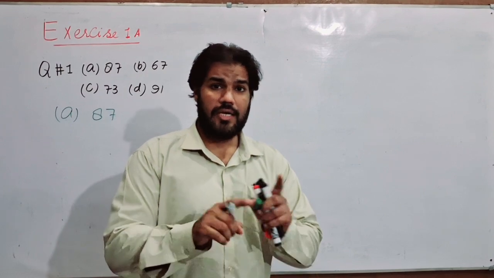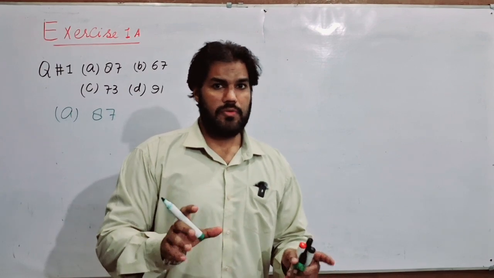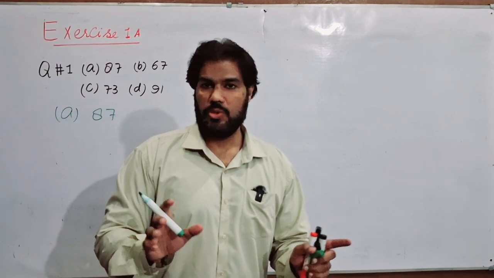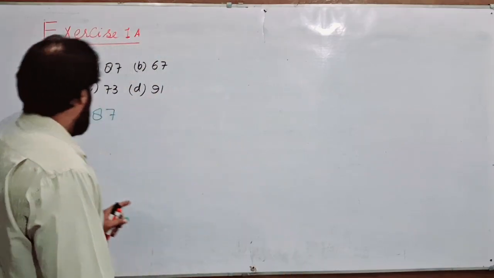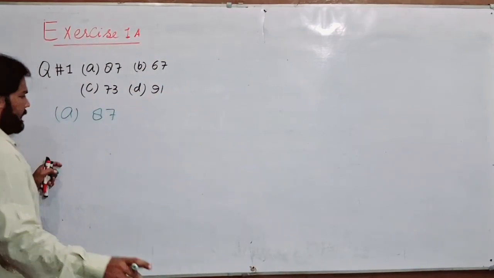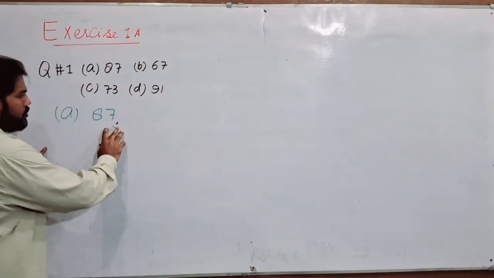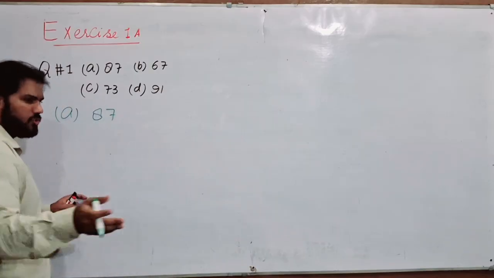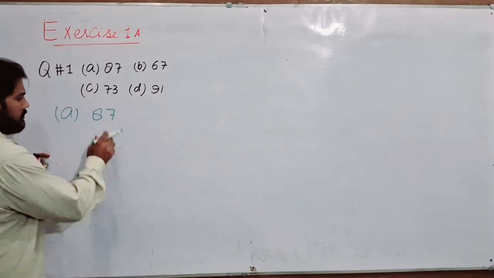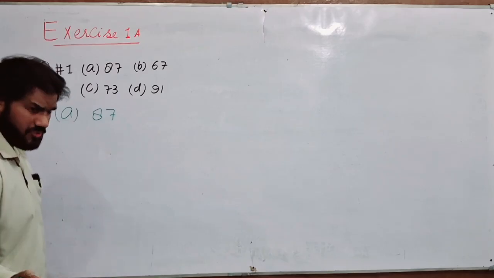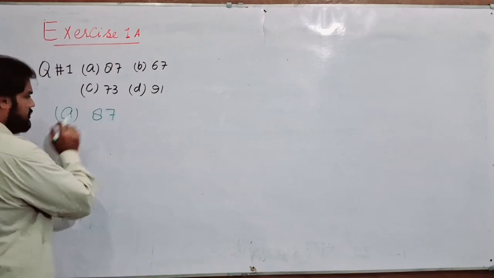If there exists any other divisor, then it will not be a prime number. So we apply the divisibility test. 2 cannot divide 87 because 87 is an odd number. Further we check, is this number divisible by 3? Yes, this number is divisible by 3.